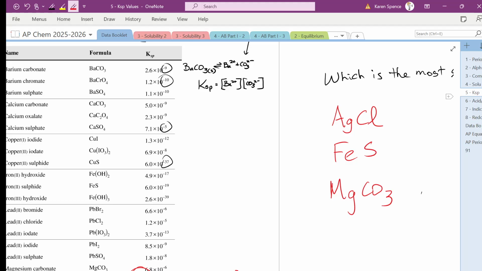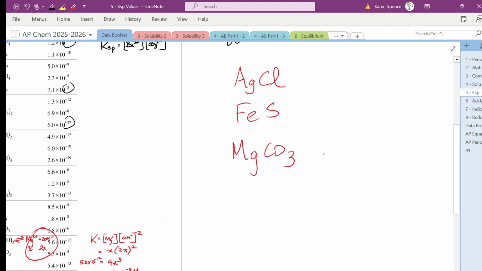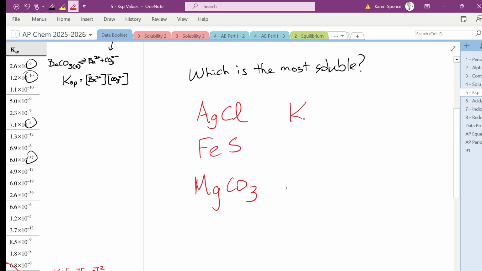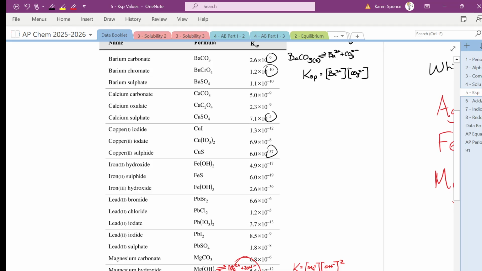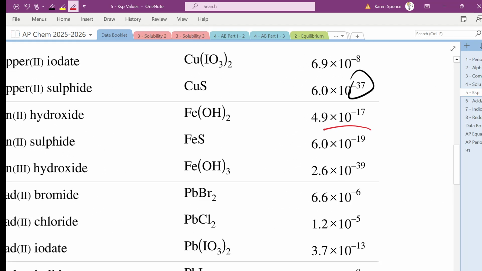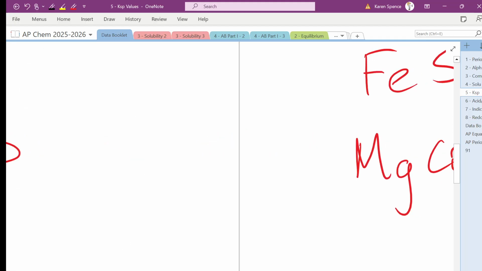And this tells us that our silver chloride has a KSP of 1.8 times 10 to the minus 10. And these are all in alphabetical order. So if you're looking for FeS, you're going to look under I for iron. Iron sulfide is 6.0 times 10 to the negative 19.